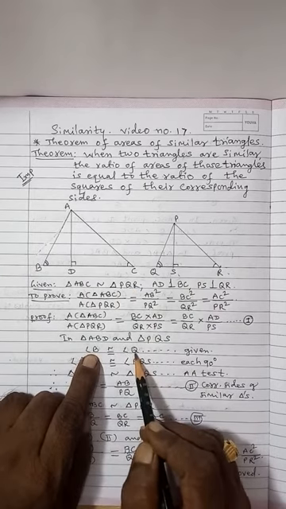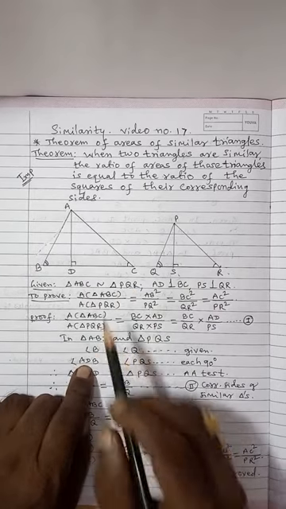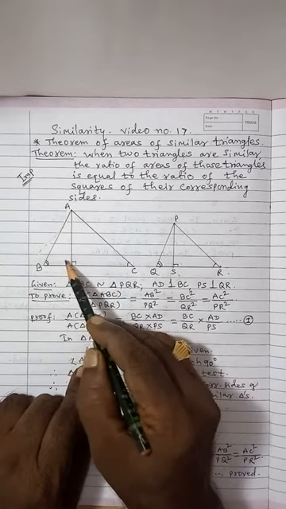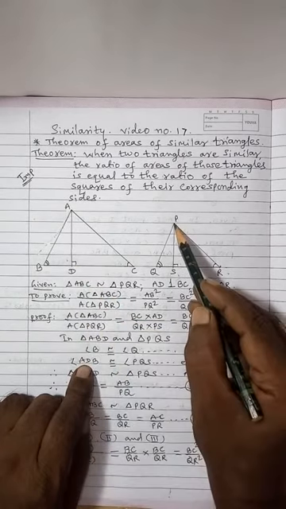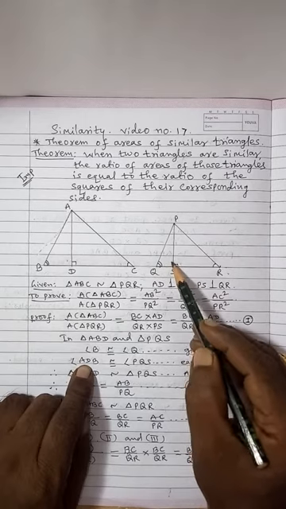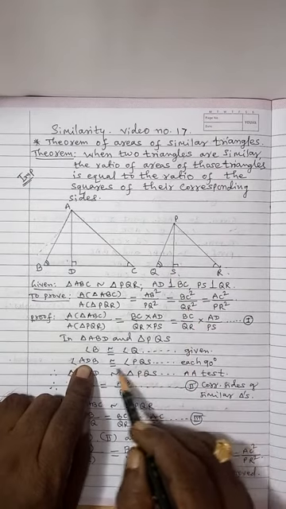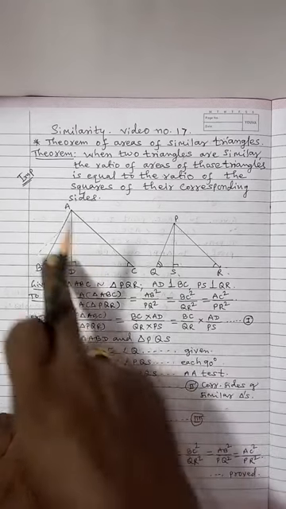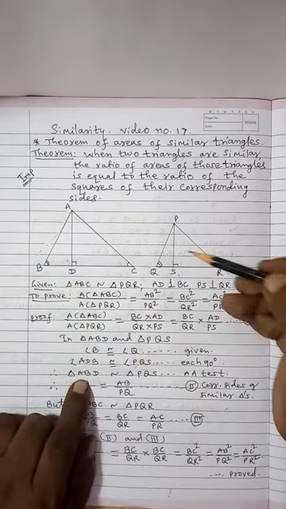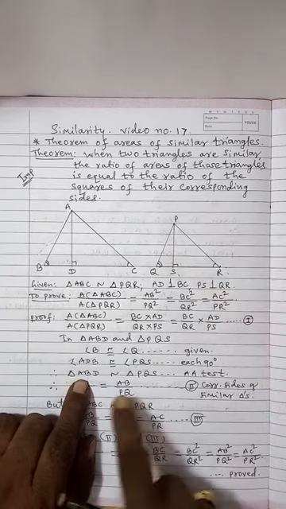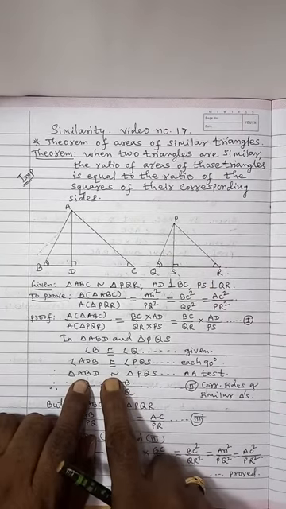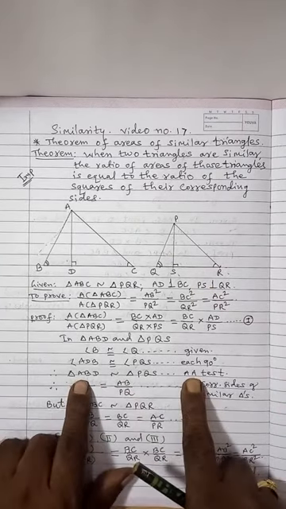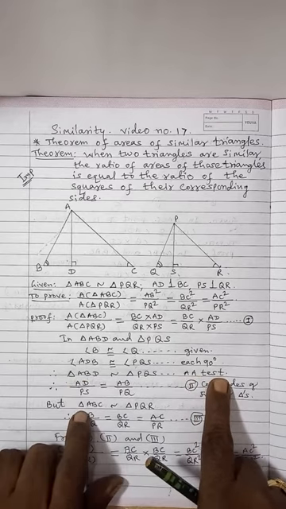Then angle ADB is congruent to angle PSQ, the reason is 90 degrees. So triangle ABD and triangle PQS are similar, by the angle test.